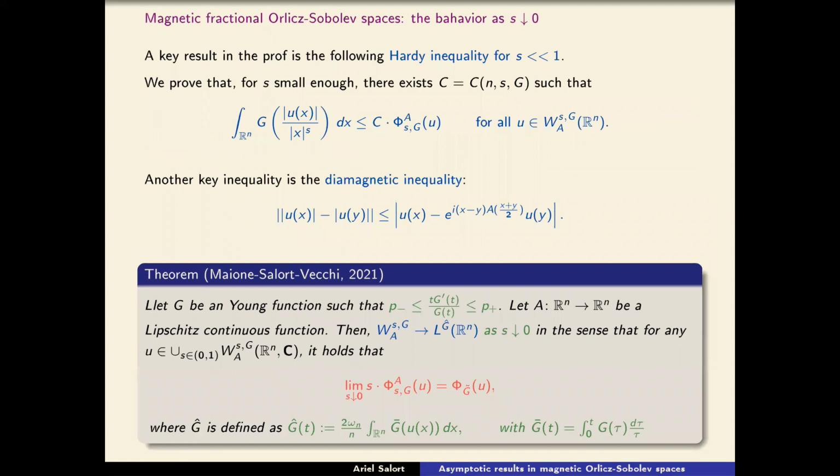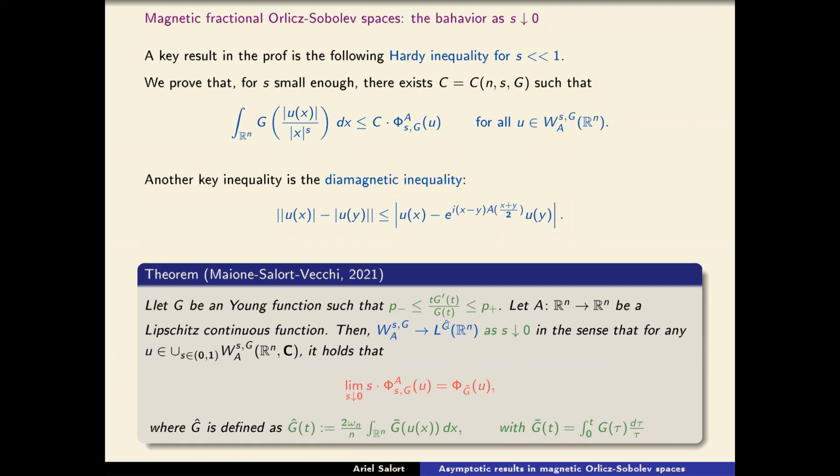Yes, the second main result I want to share with you is the behavior of these spaces when s goes to 0. Again, if you assume the same condition on the Young function G, which is between two powers, when s goes to 0, the space W^{s,G,A} goes to the limit space L^Ĝ, something similar to the case of the fractional spaces.